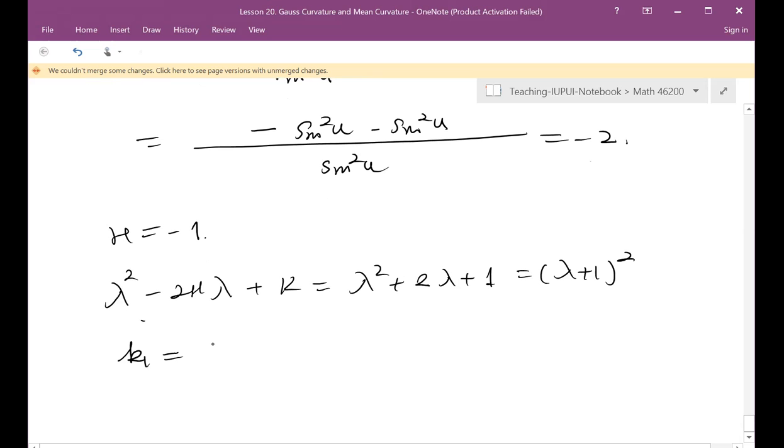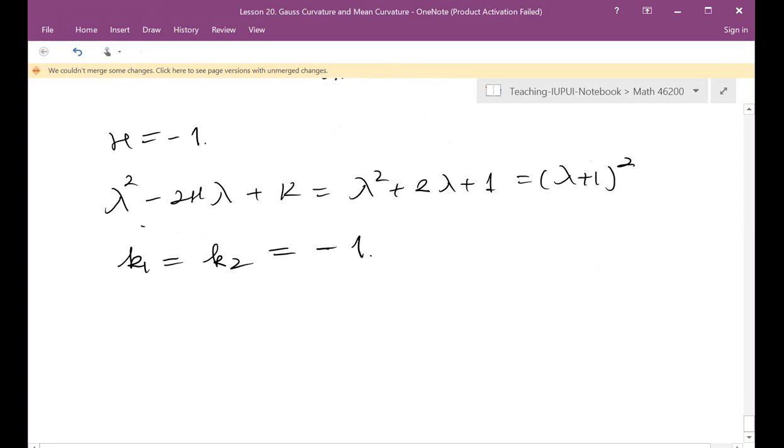So you have two principal curvatures, which are all negative 1. It's not surprising, it's a sphere. So the principal curvatures are all equal to negative 1.